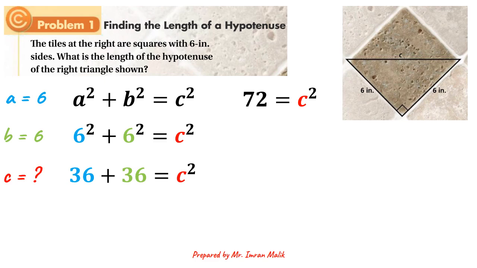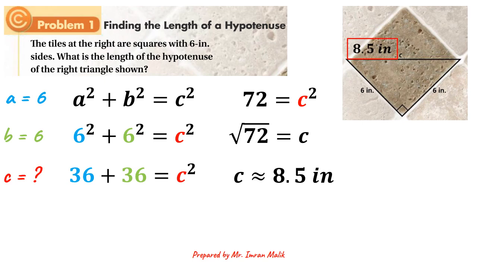Now solving for C by taking the square root on both sides, we get square root of 72 is equal to C. Finally, using the calculator, we get the answer that C is approximately equal to 8.5 inches. So the length of the hypotenuse is 8.5 inches.